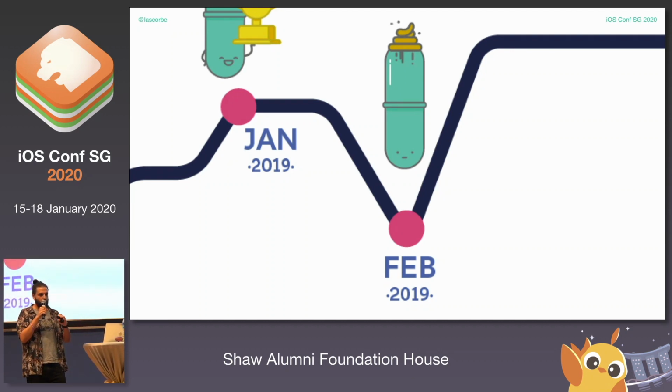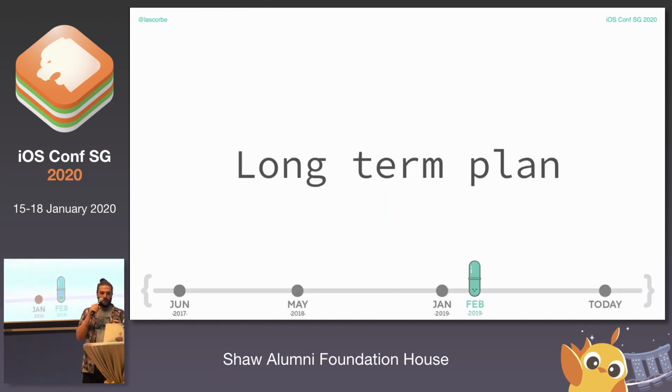We have to get back to the long-term plan that we planned, and we have to really think if this is how we want to do it. So we had a list of all the requirements and the problems we wanted to face, and this time we wanted to solve it for real.